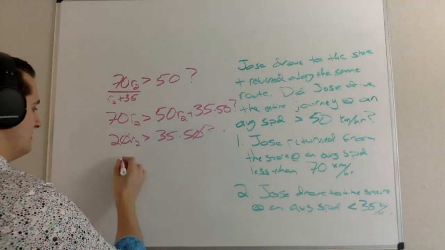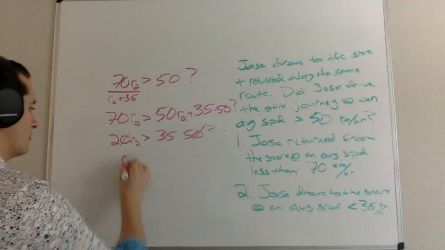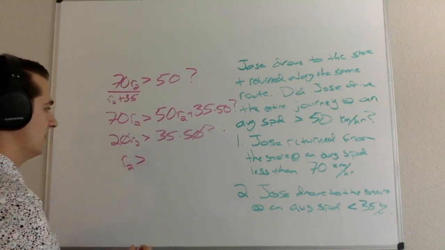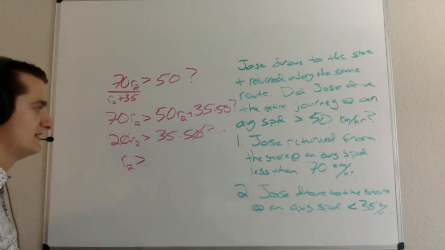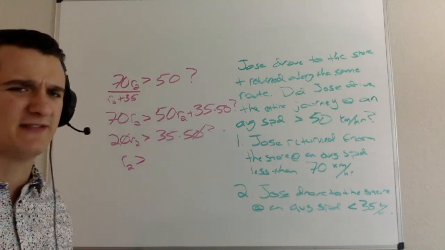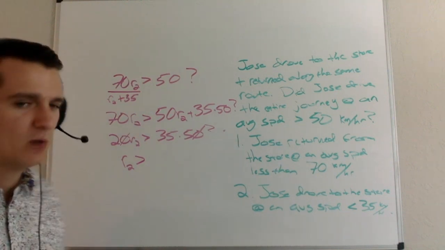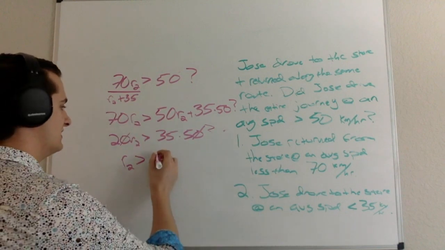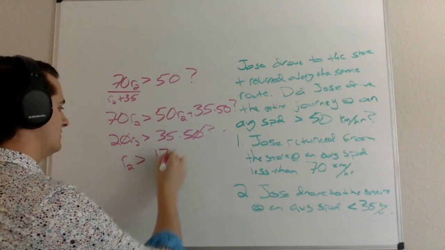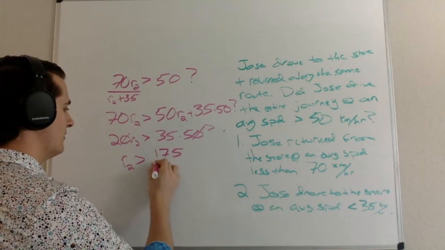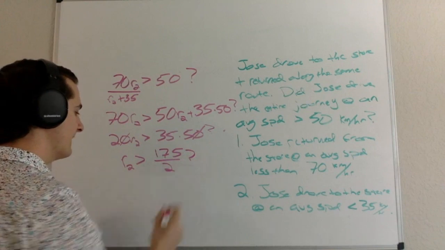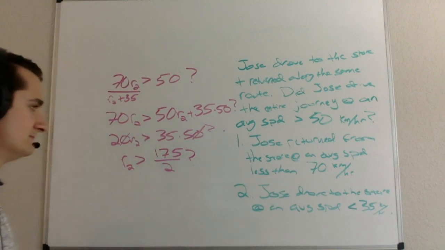And what the question becomes is rate 2, and I'll divide both sides by 2 here, greater than 35 times 5. Now 35 times 2 is going to be 70. 35 times 4 is going to be 140 plus 35. So 175. Is rate 2 greater than 175 over 2? And that becomes my question, right?